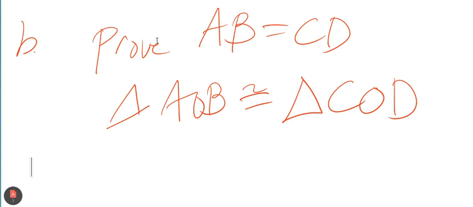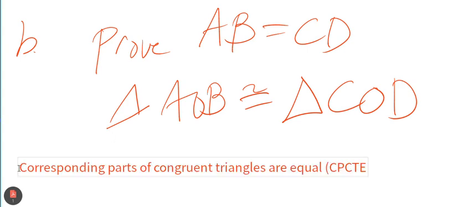These are what we call the corresponding parts of congruent triangles are equal. So this has been proved with the previous examples that we have. Okay, so that solves problem 10.